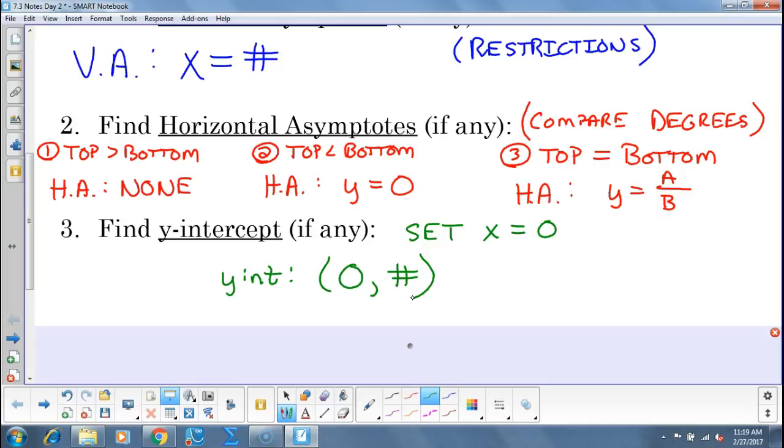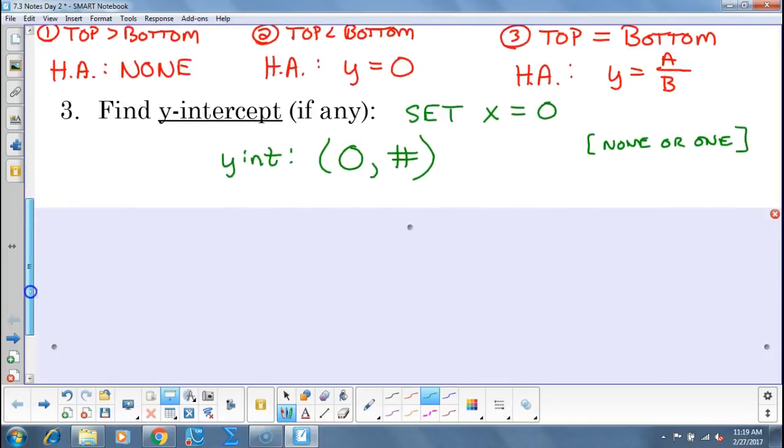Okay? Because if my vertical asymptote is x equals 0, then I can't have a y-intercept. Okay? So this is a none or 1 case. 4 steps in to our 7-step process.